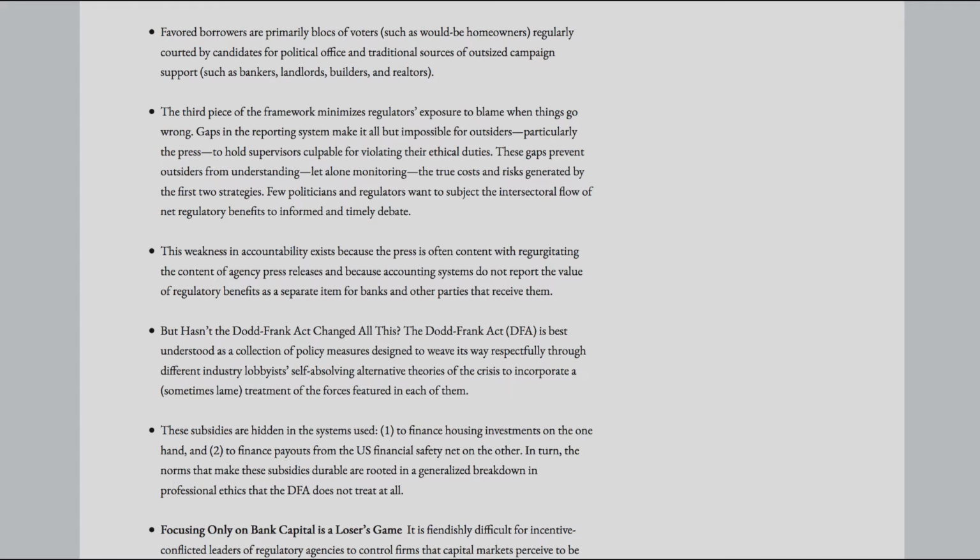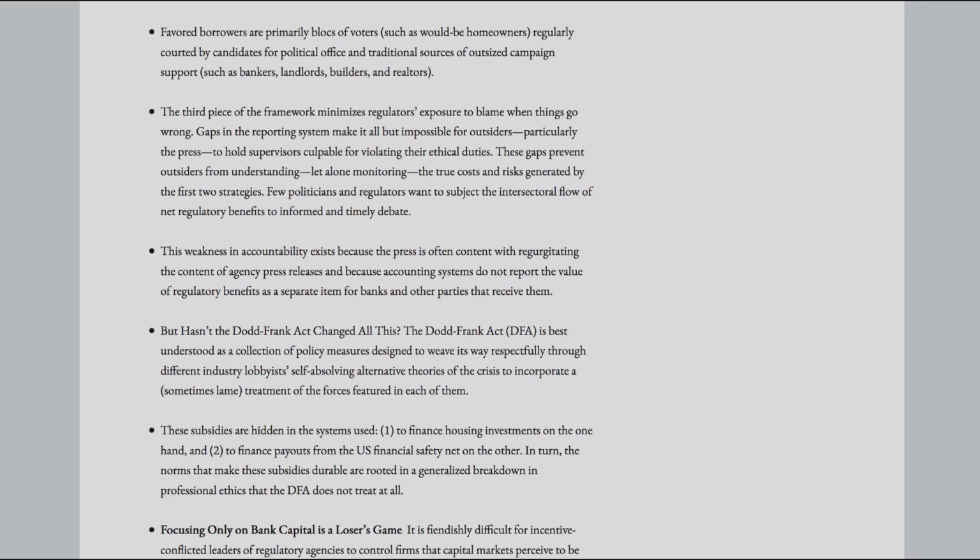The third piece of the framework minimizes regulators' exposure to blame when things go wrong. Gaps in the reporting system make it all but impossible for outsiders, particularly the press, to hold supervisors culpable for violating their ethical duties. These gaps prevent outsiders from understanding, let alone monitoring, the true costs and risks generated by the first 2 strategies.